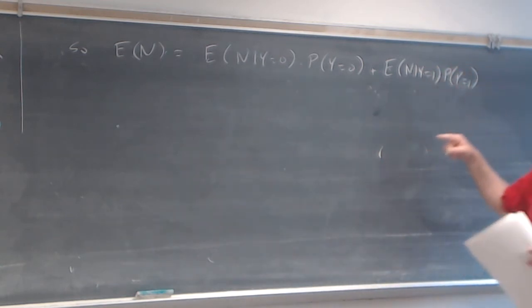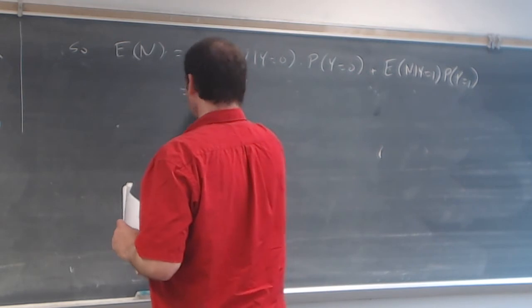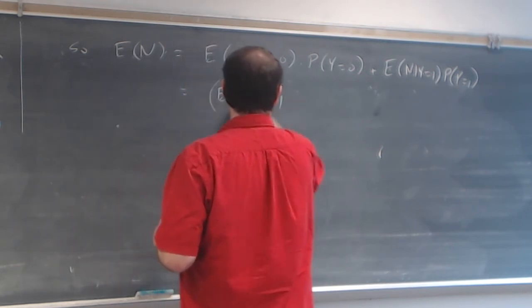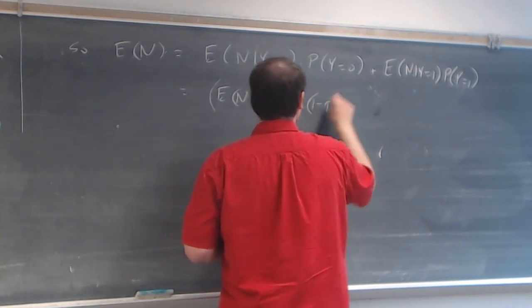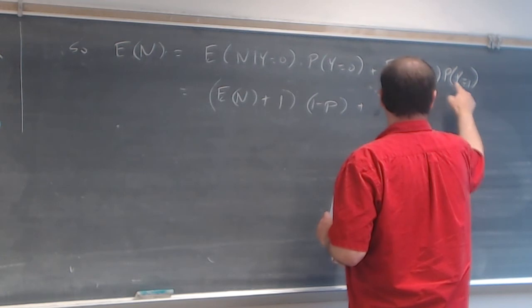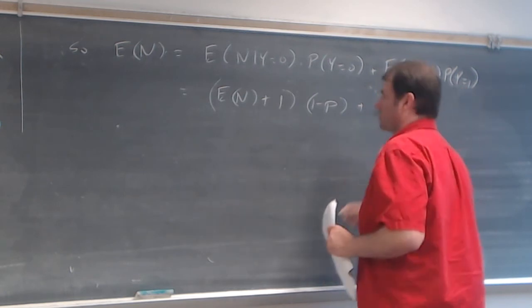Okay, that's where we were. For this part, we had the expected value of n plus 1 times 1 minus p, plus, this part was 1, and this is p, so that's what we get.